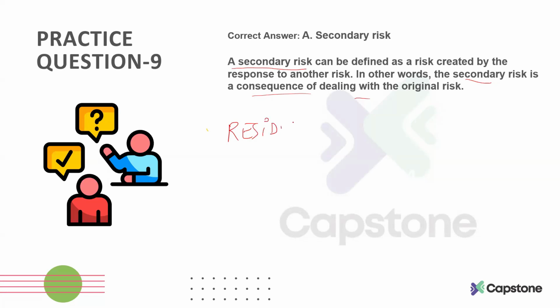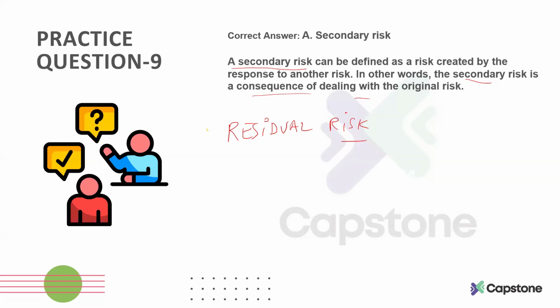The risk that remains after implementing your risk responses, we call that a residual risk. Maybe the importance or priority, or let's say severity, of that risk is not that high.